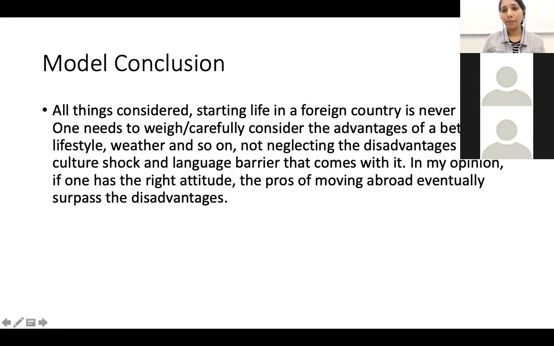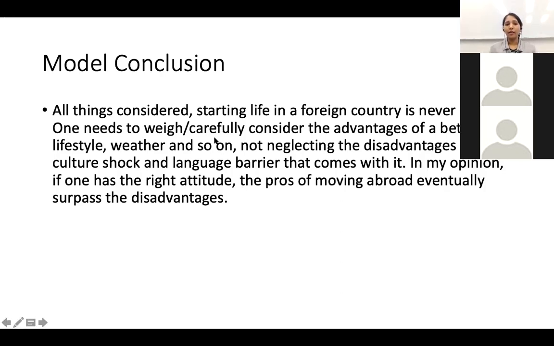So this is an example of the conclusion. It was for the same topic that we discussed earlier, one of the topics. So you say, to sum up, or all things considered, starting life in a foreign country is never easy. One needs to weigh or carefully consider the advantages of a better lifestyle, weather, and so on, not neglecting the disadvantages.